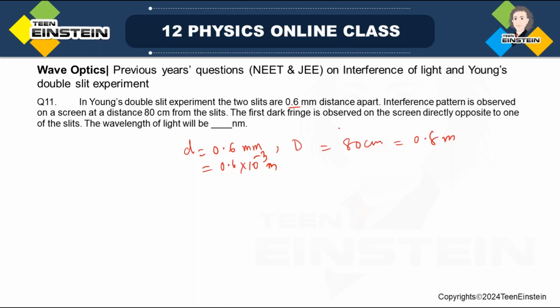The dark fringe is observed on the screen directly opposite to one of the slits.